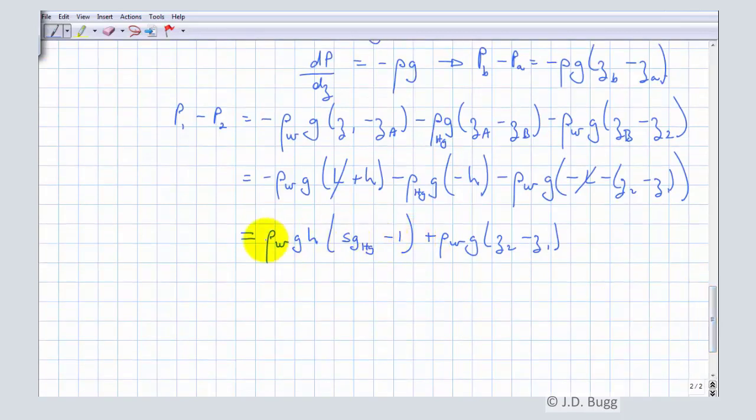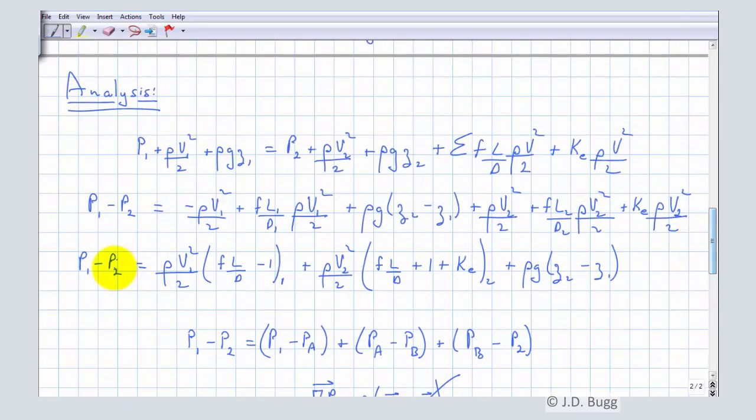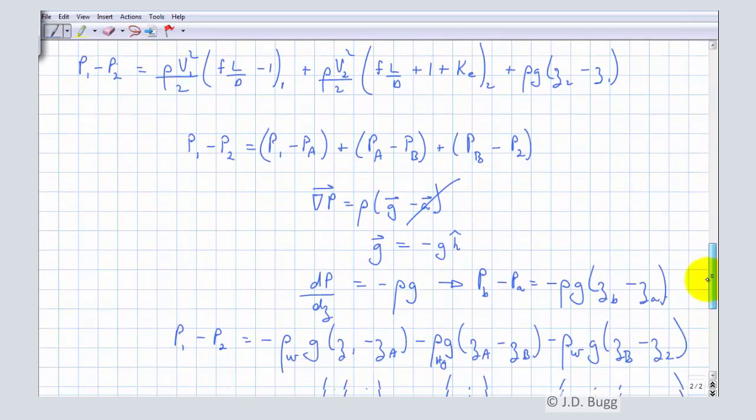So I'll rewrite this on the left-hand side, rho g h, and this rho is a rho of water. I'm going to drop this subscript because in Bernoulli's equation they're all at density of water. So rho g h, specific gravity of mercury minus 1. So that's now the left-hand side of this equation, with the rho g Z2 canceled off with this term already.